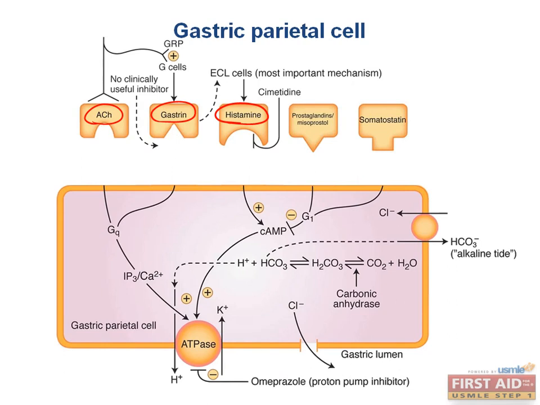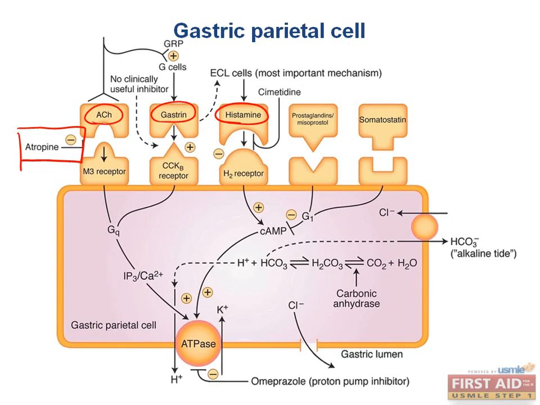As we just mentioned, the vagus can release acetylcholine, which activates M3 receptors. And it also releases GRP to activate G cells into releasing gastrin. Atropine can block the effects of acetylcholine, but not gastrin. What does this mean?